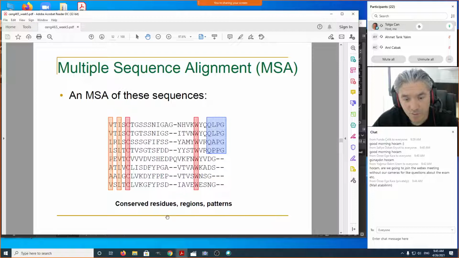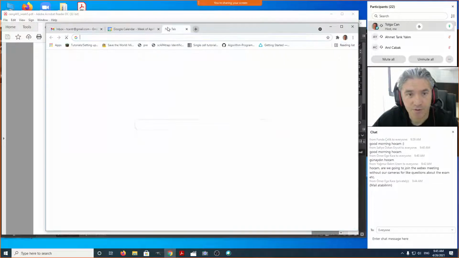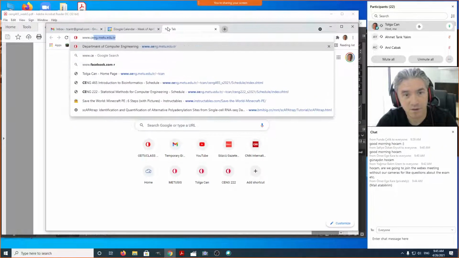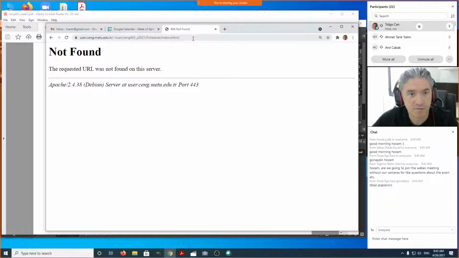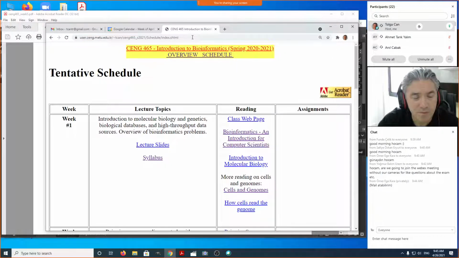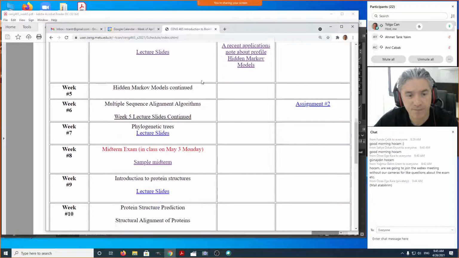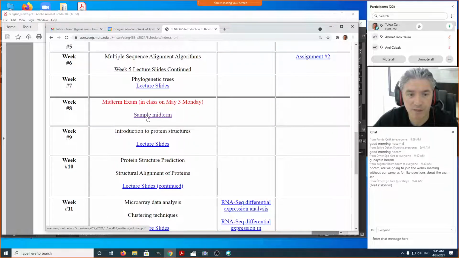The format is going to be similar to the example midterm exam. Here is the sample midterm that we have. One question we have covered here.